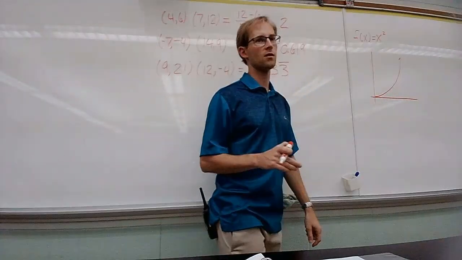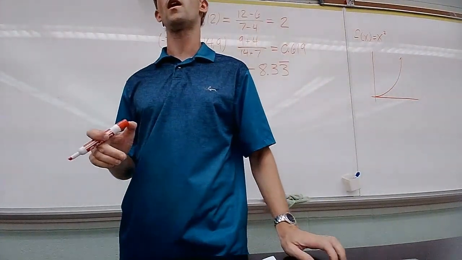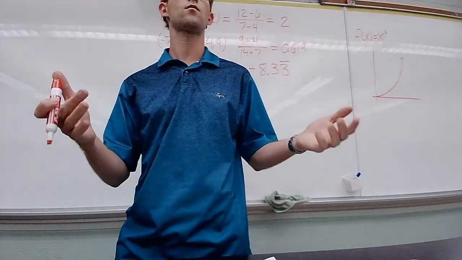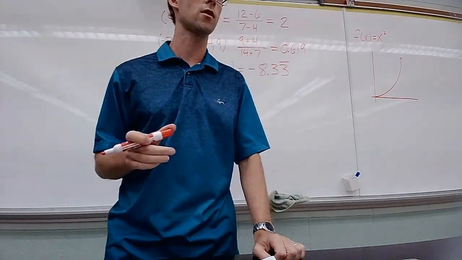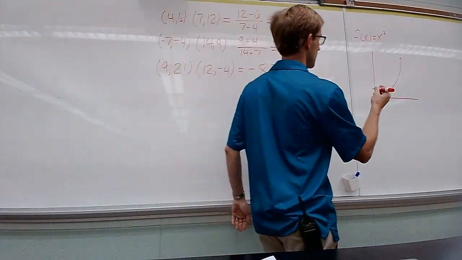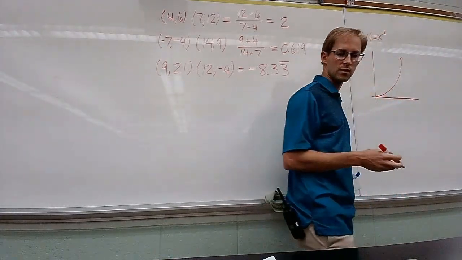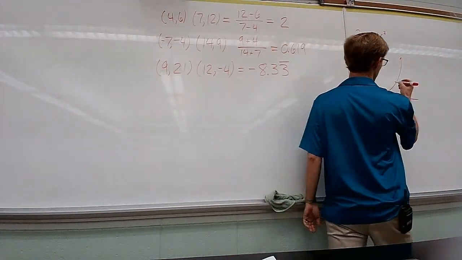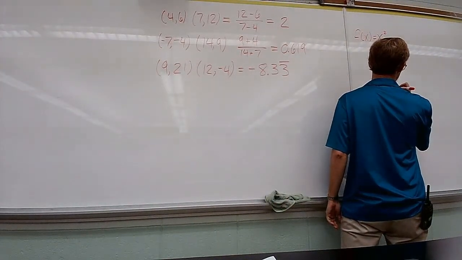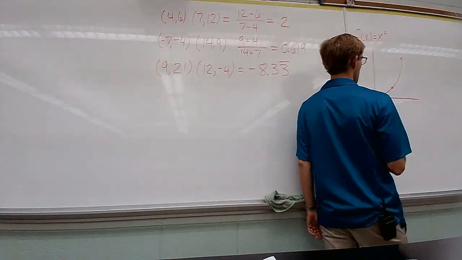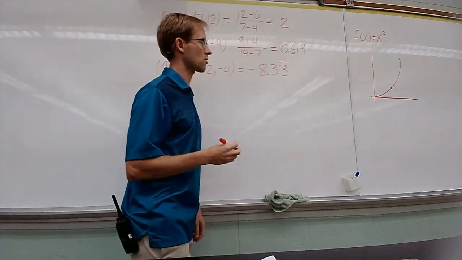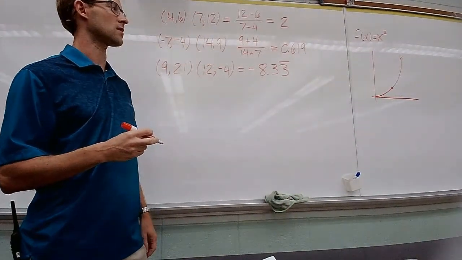Here's my question to you that I want you to consider for a while, and just talk through it with the folks that are around you. Let's say I want to figure out what the slope is at a certain point, maybe right here. What do I got to do to try and figure out what that slope is?